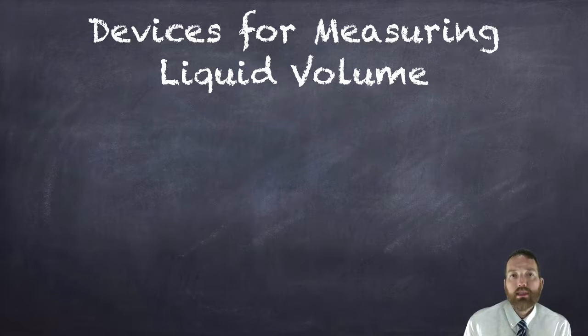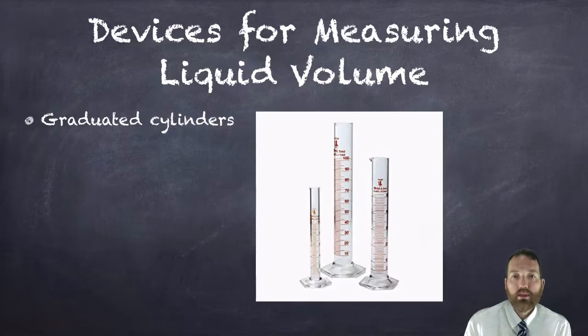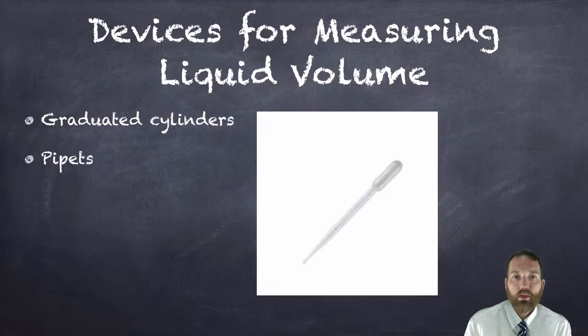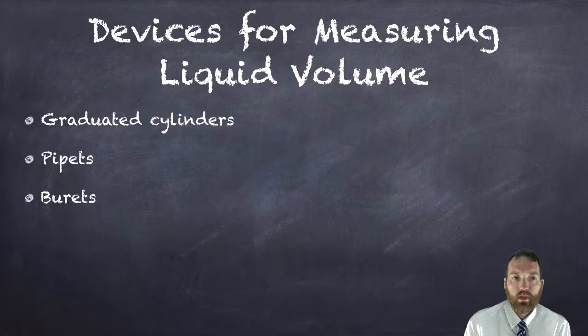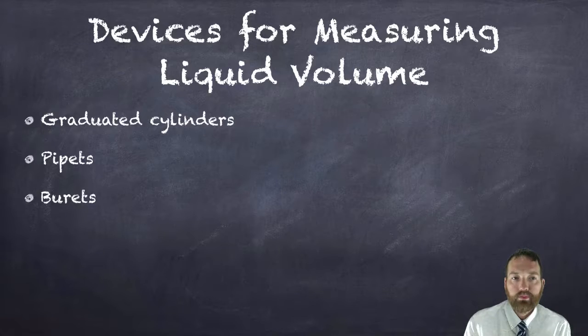There are several devices that we use for measuring liquid volume. We could use a graduated cylinder, and you'll be seeing these in class and in lab. We can use a pipette for transferring small amounts of liquid. You can use a burette, which is typically used for acid-base titration, something we'll be dealing with later in this class, but it's pretty much a graduated cylinder turned upside down with a little valve on the bottom that will let liquid out.